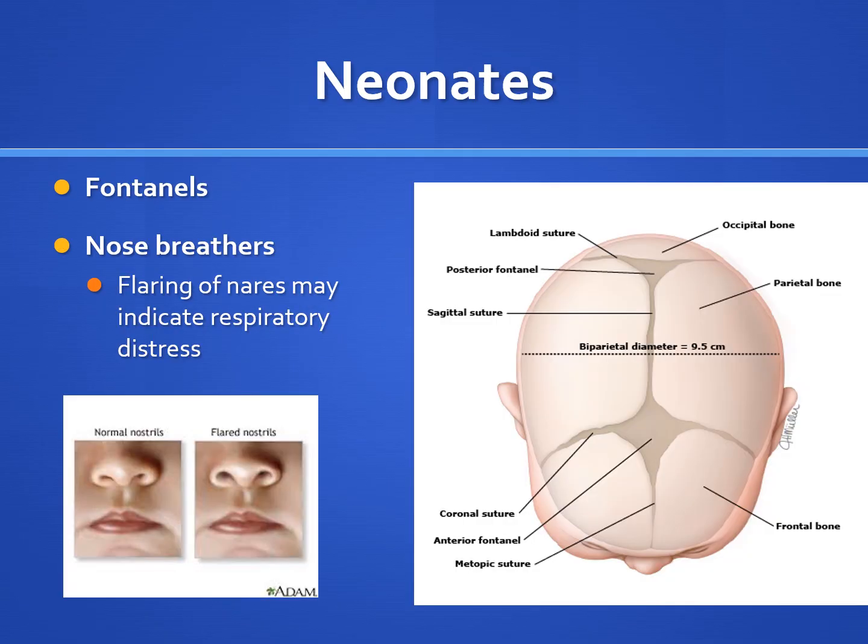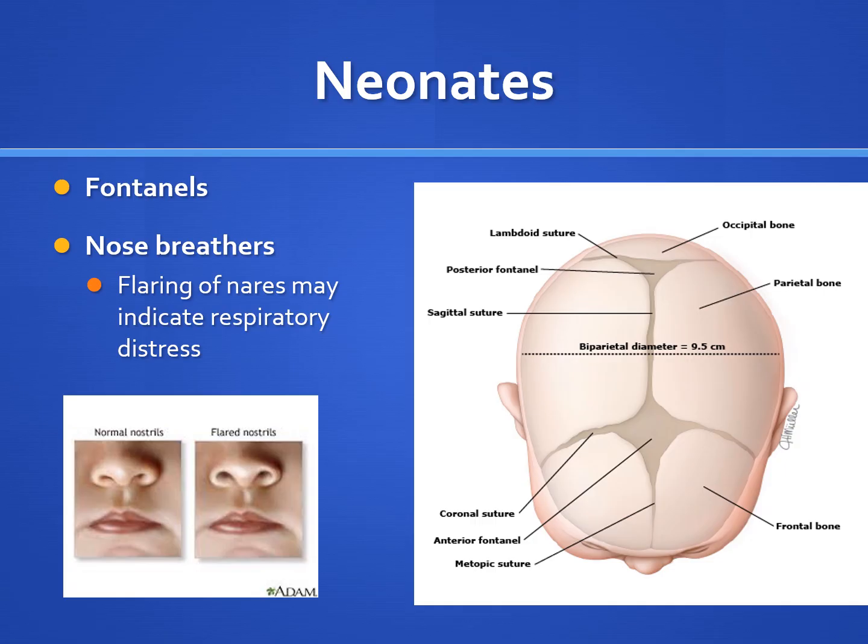With neonates, the fontanelles, newborns have soft spots where the skull bones haven't fused yet. So we see the anterior fontanelle, which is diamond shaped. This closes at about 12 to 18 months. And the posterior fontanelle, which is smaller, it closes at about 2 to 3 months old. So when we are assessing the head, these fontanelles are normal.